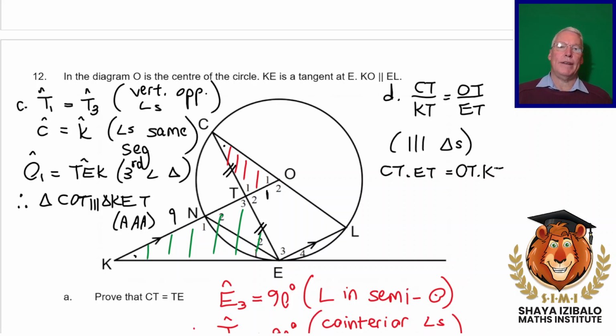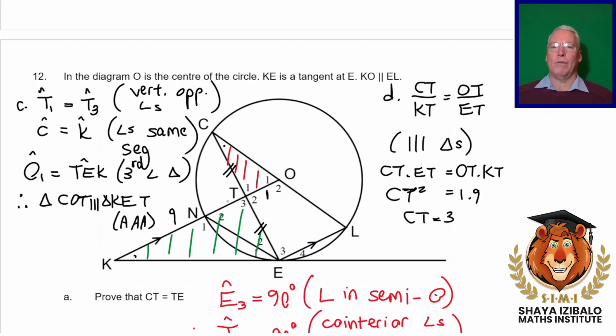Now, OT times KT, I know those. So it's 1 and 9. Instead of writing CT, ET, I'm going to write CT squared. Okay, and that's because ET and CT are the same. So now, CT squared is 9, so CT must be 3.